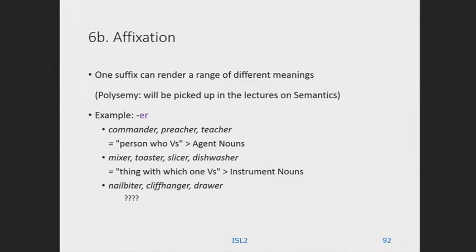So that's basically what I'm getting at here. One suffix can render a range of different meanings, but there are certain regularities, and this is really what linguistics is all about, trying to find the regularities, but also seeing, okay, this is where we have variation and what determines this variation. And we'll talk more about polysemy and semantics anyway, so you'll hear more about that.